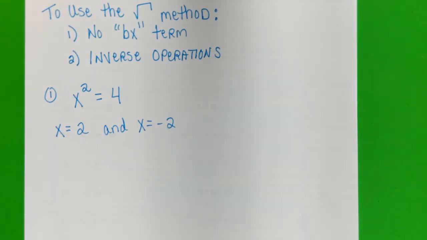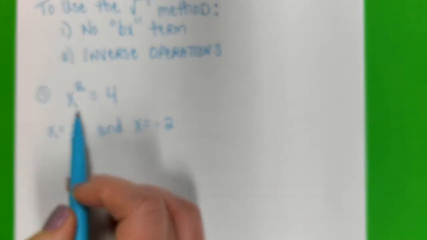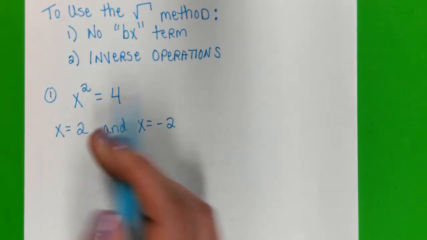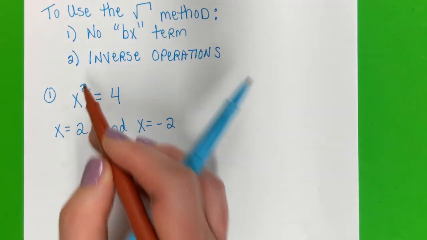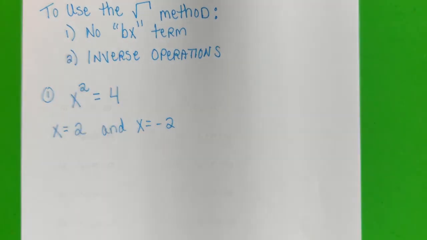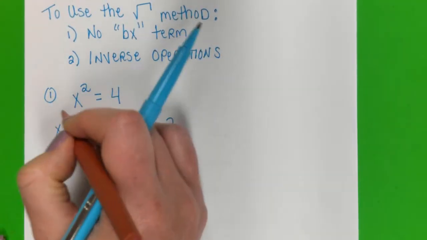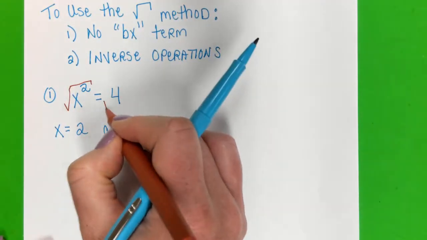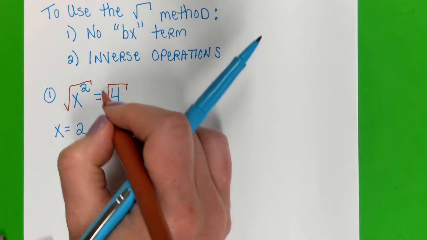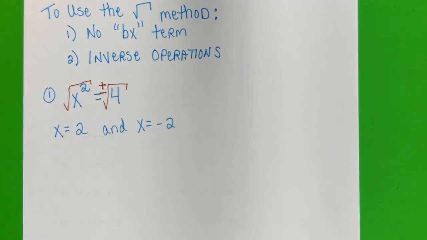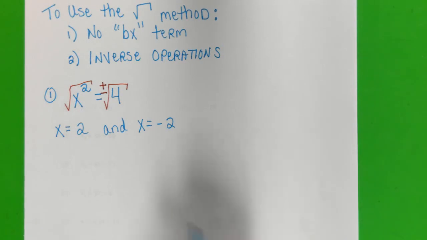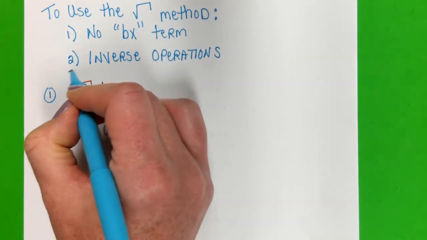So when we look at this, to solve for x, all we have to do is cancel out our exponent. So what is the opposite of squaring something? Square rooting it. That's right. So we're going to square root both sides. And we have to remember that we want the positive and the negative value of the square root of 4. So maybe we should add that to our steps as well.